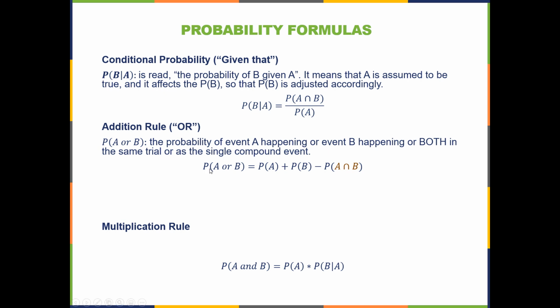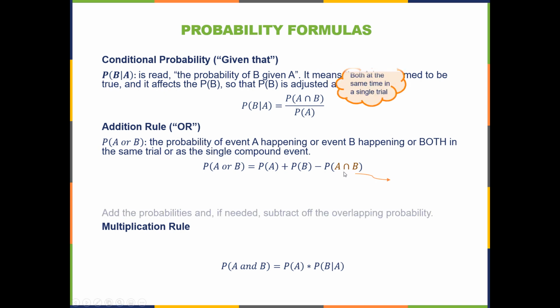So this is the formula, which basically shows us that we need to add the probability of A plus the probability of B minus the probability of the intersection of the two events. And you may see that written A and B. In this context, the A and B means that both events are able to be true at the same time in a single selection or a single trial or a single event.